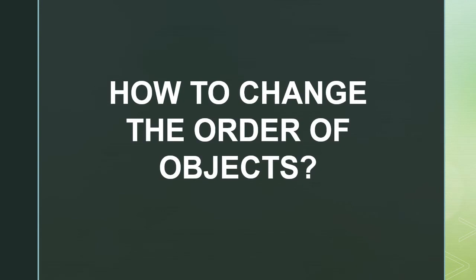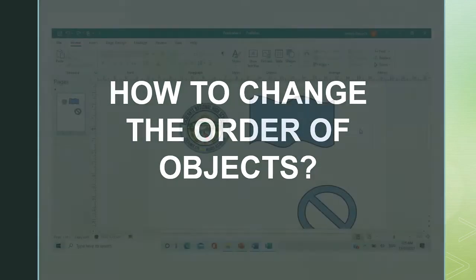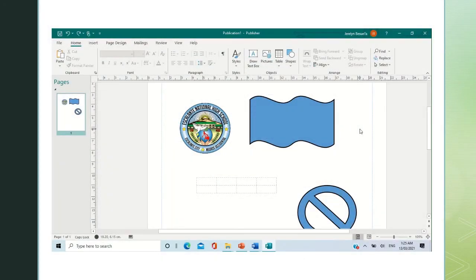How to change the order of objects. Okay, now let's discuss changing the order of the objects. So I have here the ENHS logo and the banner shape. So all I want to do is to put this ENHS logo in the banner.